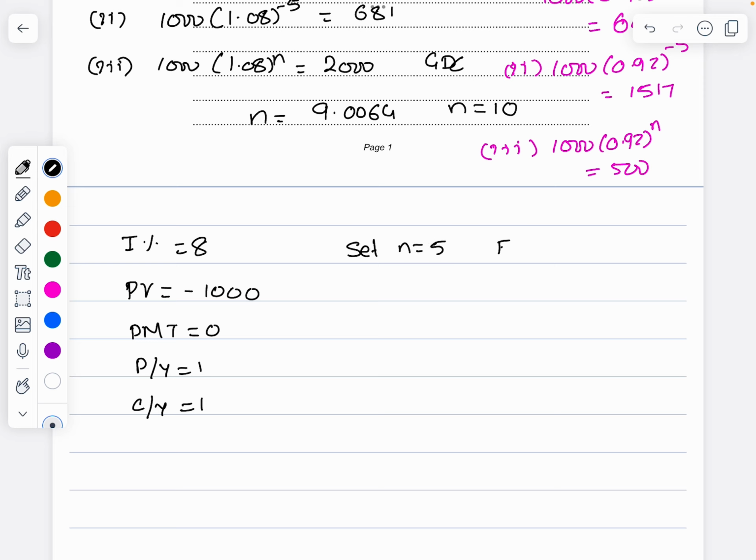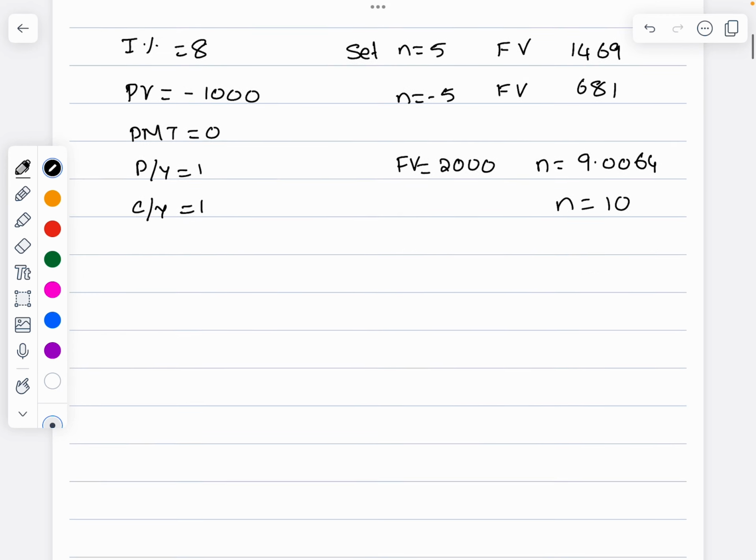You should be getting the final value as 1469. If you set n as negative 5, you will get the final value as 681. Then in part 3, set the final value as 2000 and get the value of n, which is 9.0064. So therefore n equals 10.